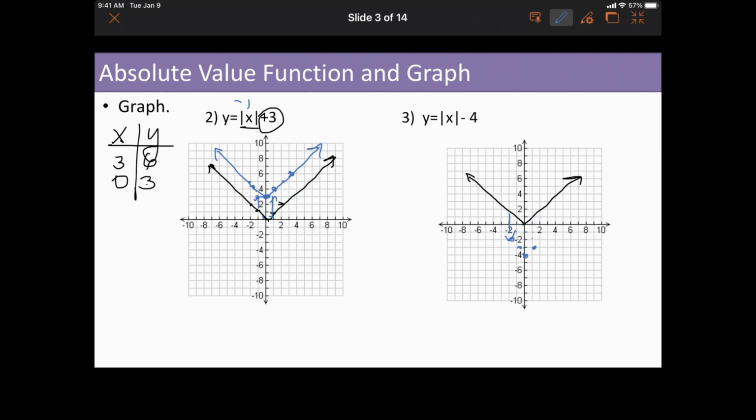So if you know this shape, it's still going to be a V. So if it's plus, we're moving up. If it was minus, we're moving down. And it has to be on the outside of the absolute value.